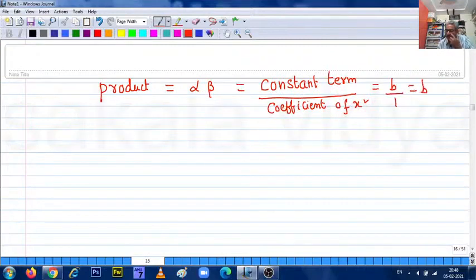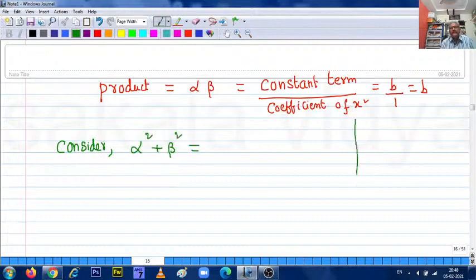So now we need to find out alpha square plus beta square. Now consider alpha square plus beta square. Let us recall one formula from 8th class. a square plus b square equals a plus b whole square minus 2ab.